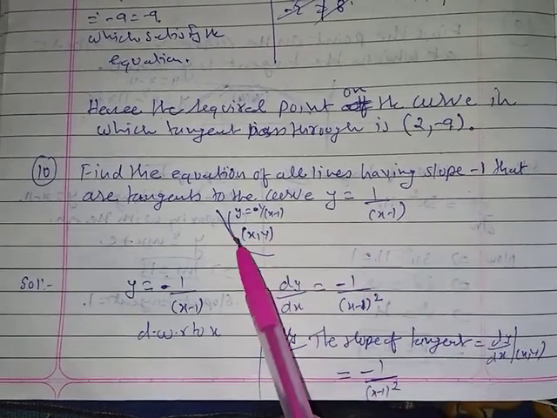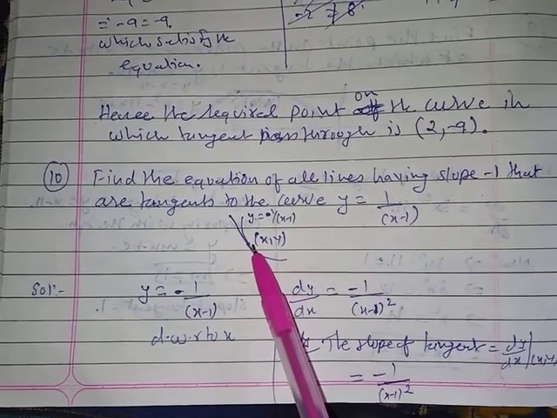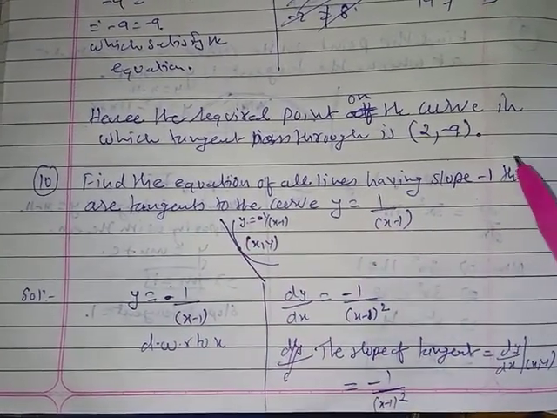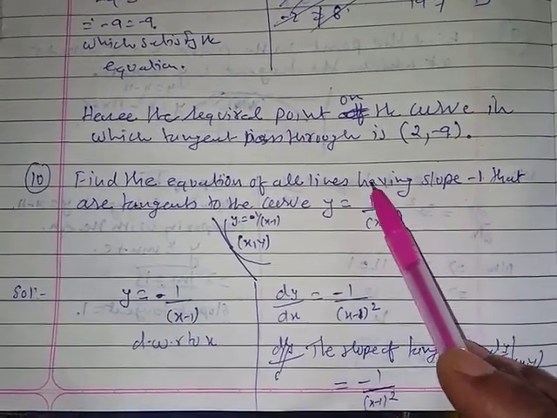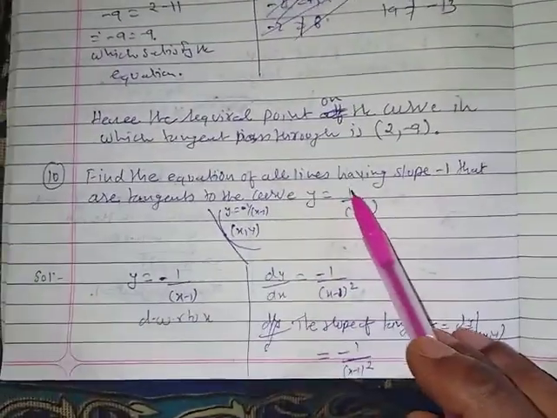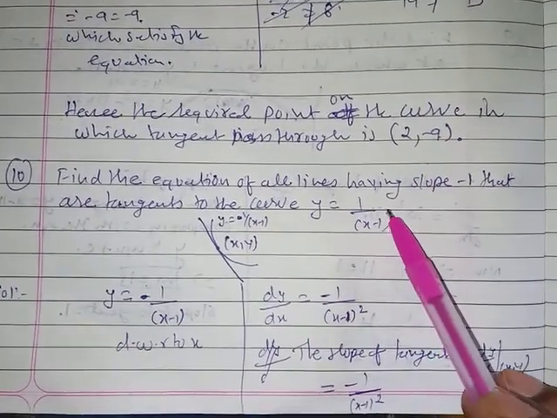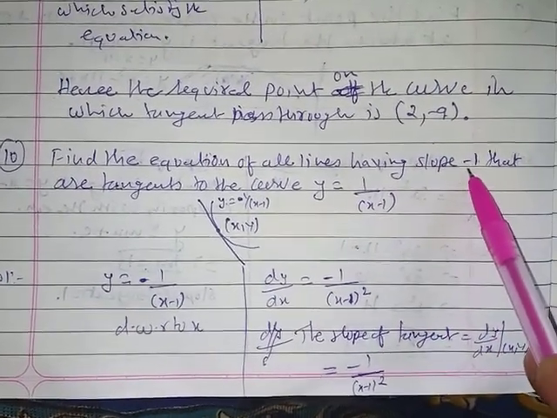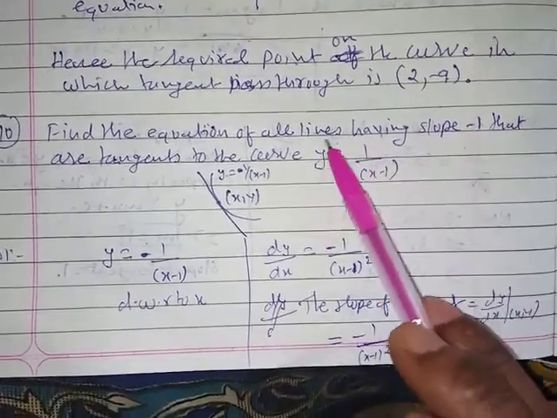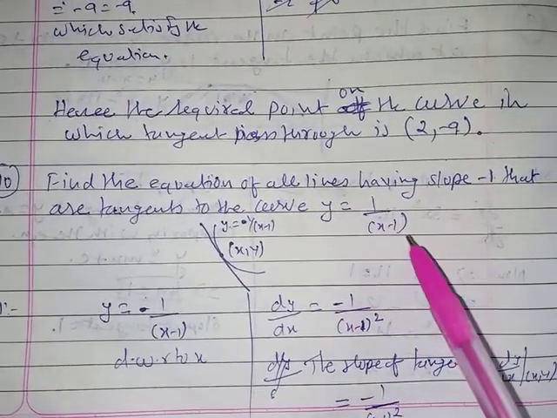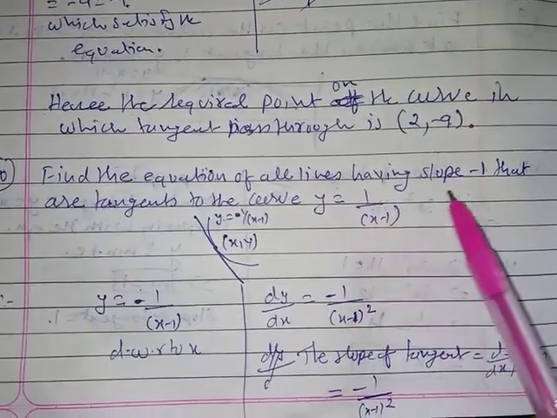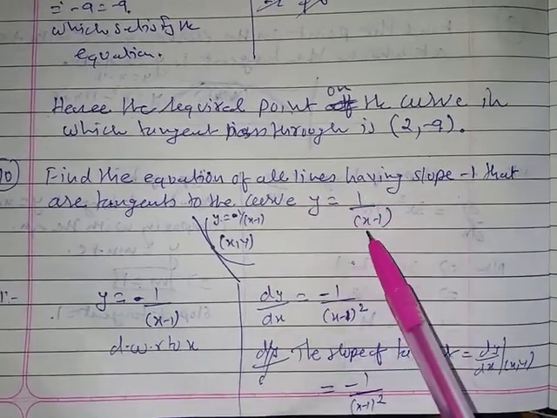So slope is already given, so we need only x1, y1. Let x1, y1 be the point on the curve. One slope we can get from y is equal to 1 upon x minus 1. From there we'll get a value of x, and whatever value of x we get, if we substitute in y, we'll get a value of y.